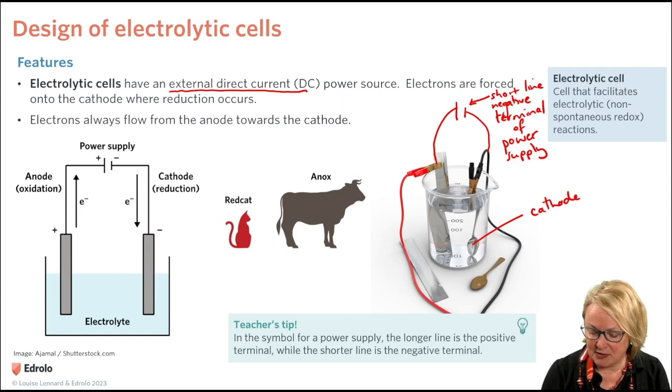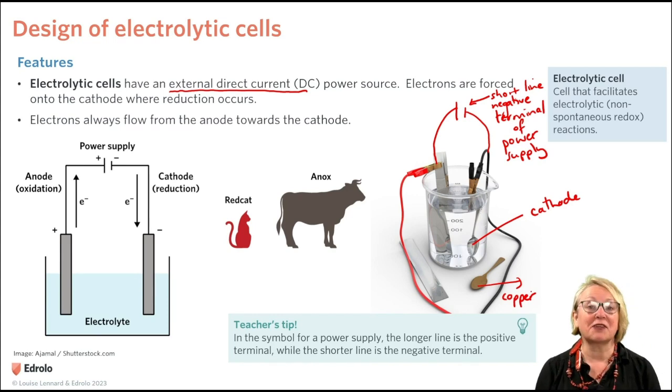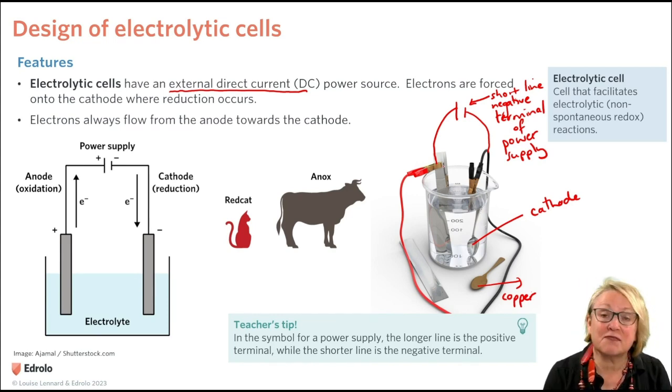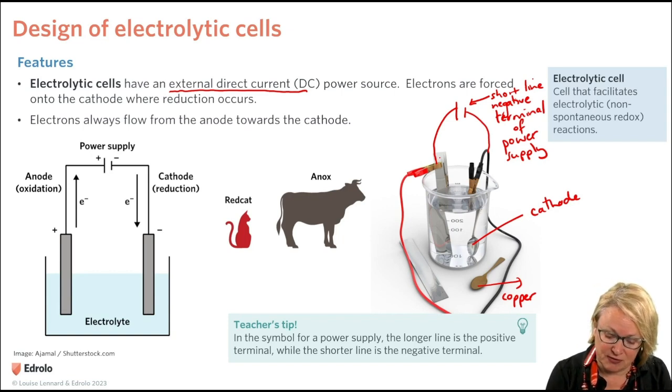It might have started off as a coppery colour, and then after electroplating it's got a silver coating over the top. The positive terminal of the power supply is connected to the positive electrode, which is the anode.